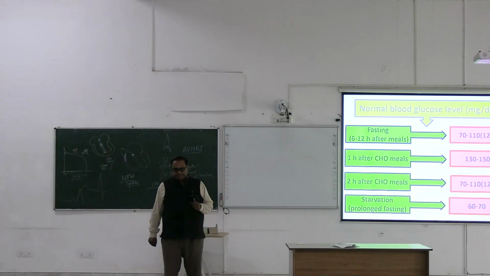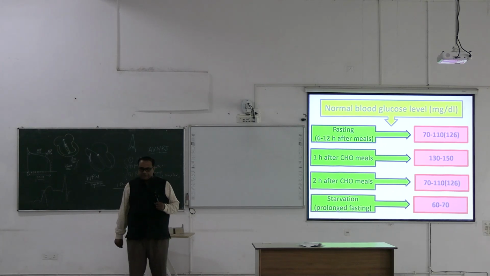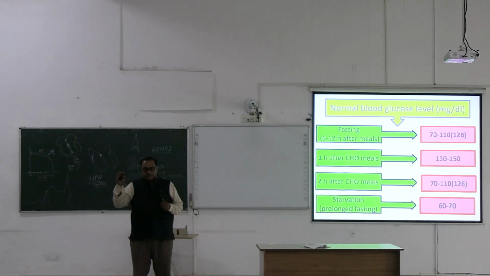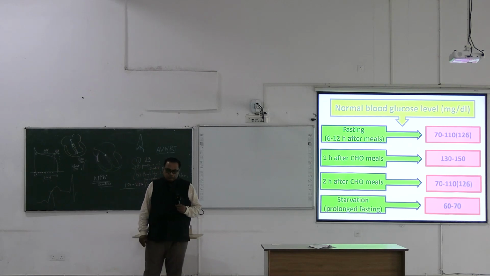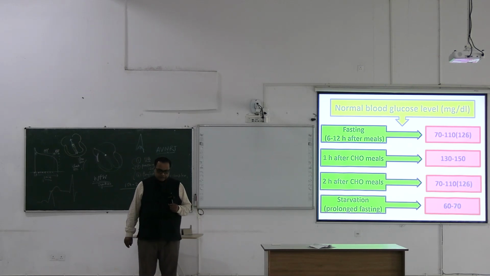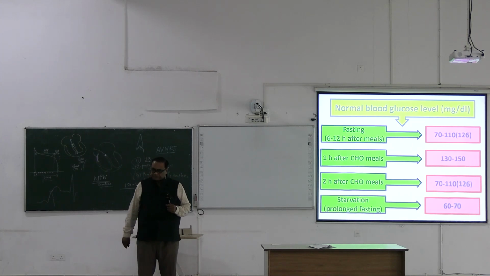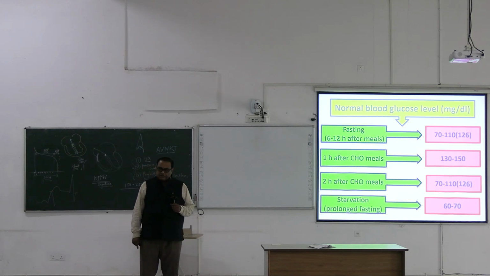If the method is glucose oxidase peroxidase, then 110 is the upper limit for normal value. If the method is glucokinase or hexokinase, mostly hexokinase, the limit is 99. Right? So be very careful about seeing the report.